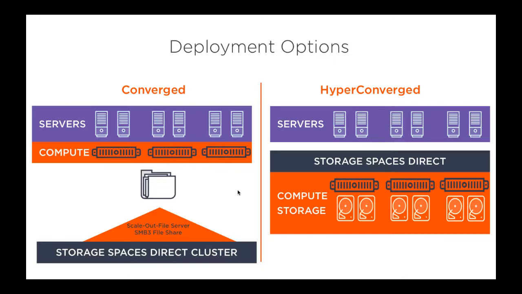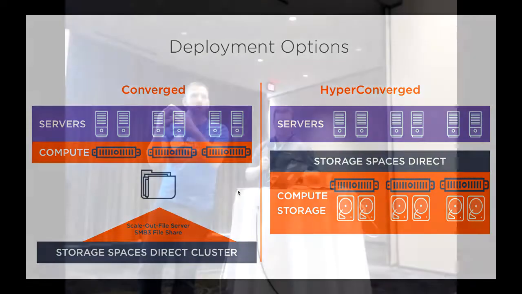Much like vSAN today, there are a lot of nuances that make the two products distinctly different. However, Storage Spaces Direct doesn't require any external SAN. It all runs on commodity hardware with just a bunch of disks in each of the Hyper-V nodes, and it forms a software-defined storage array called Storage Spaces Direct.